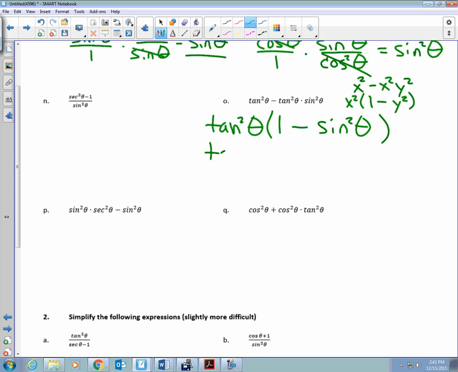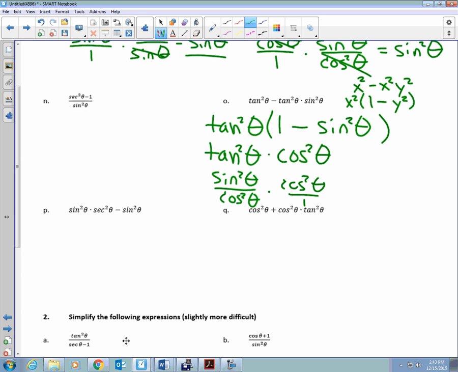So tangent squared times cosine squared. Hey, that looks like a problem that we did yesterday. Let's rewrite this in terms of sine and cosine. Sine squared over cosine squared times cosine squared over 1. What happens?